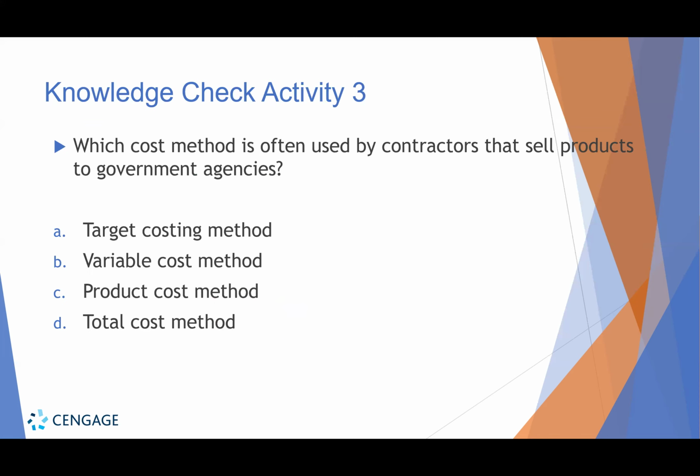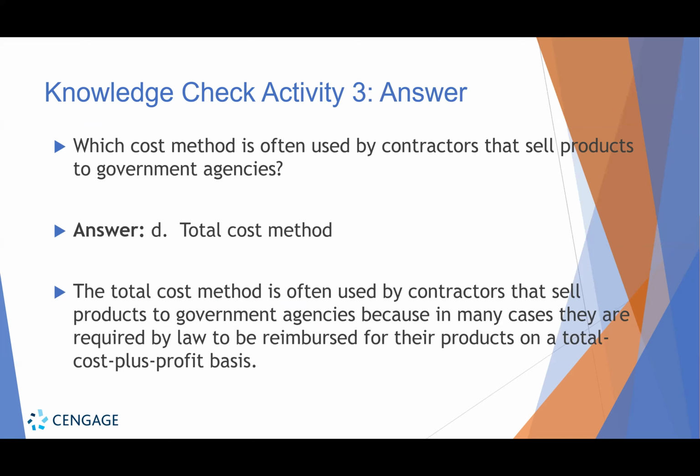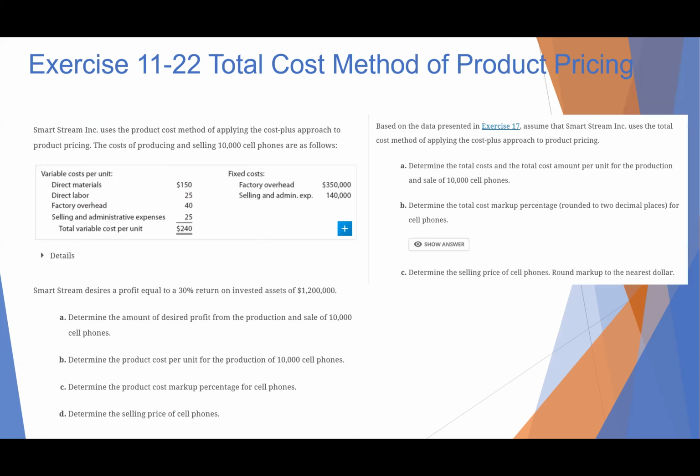Which cost method is often used by contractors that sell products to government agencies? It was back there and I didn't talk about that, but it is the total product cost, total cost method. SmartStream uses the product cost method of applying the cost plus approach to product pricing.